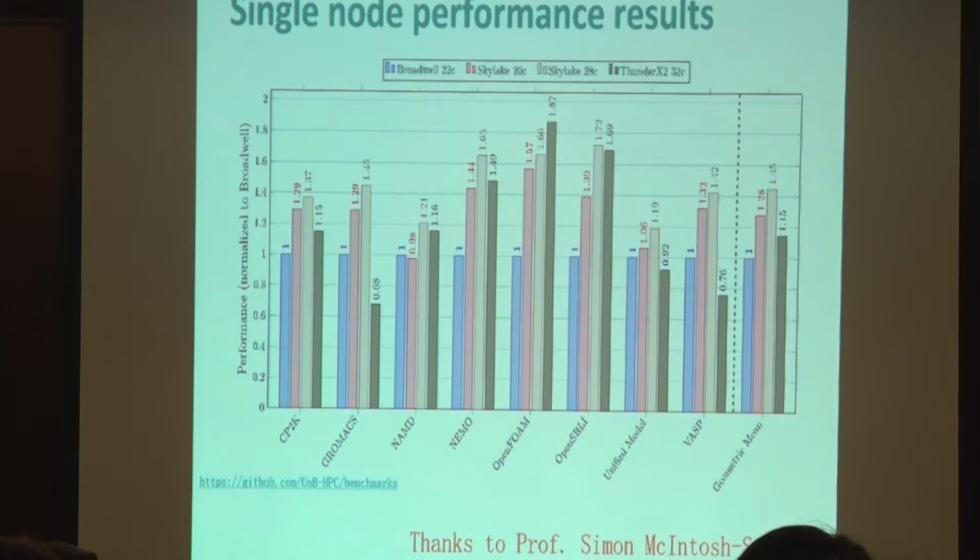For OpenFOAM, which is a more memory-bound code, compared with Broadwell and Skylake it is much better because of the high memory bandwidth. So when you compare, you need to really consider the performance characteristics of your code.